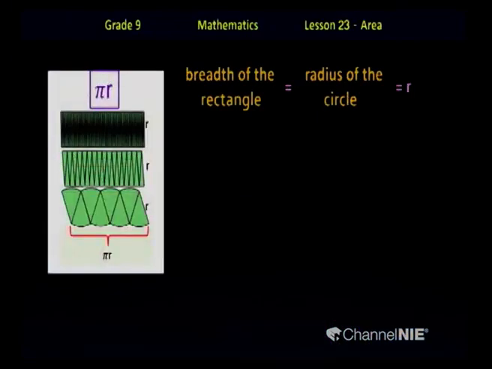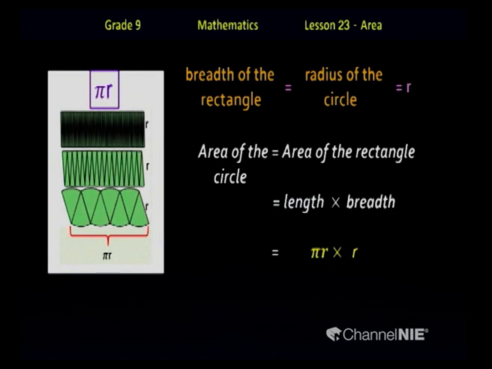The breadth of the rectangle is equal to the radius of the circle, r. Using length and breadth we can find the area of the rectangle. According to our activity, the area of the rectangle is equal to the area of the circle. So the area of the circle is the area of the rectangle, length into breadth.